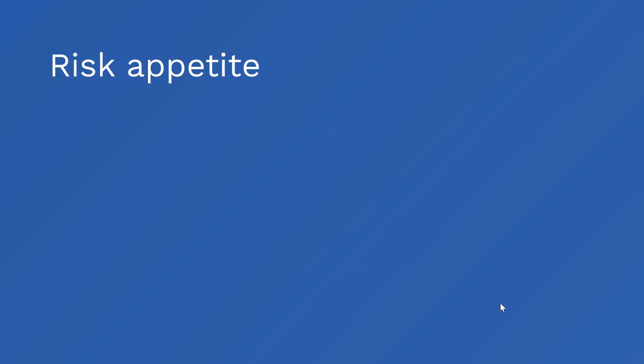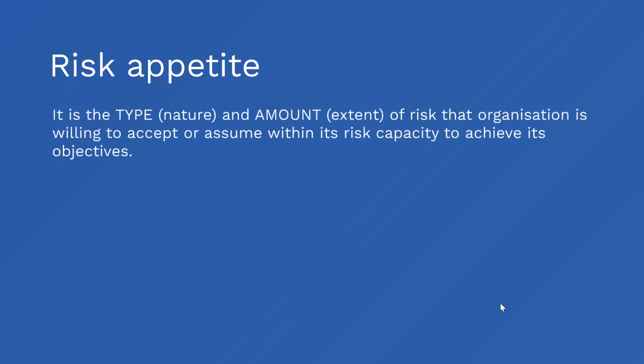Now, we touch on this thing called risk appetite. What exactly is risk appetite? It talks about two things: the type and the amount of risk that the organization is willing to accept or assume within its risk capacity to achieve its objectives. If you talk about the type of risk, for example, you may be more inclined to accept credit risk.